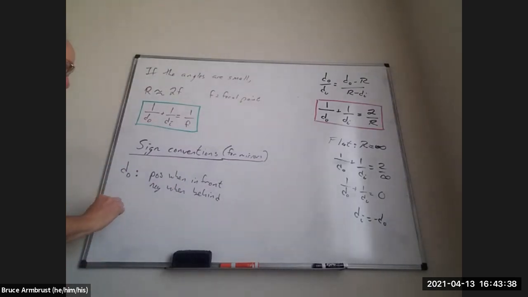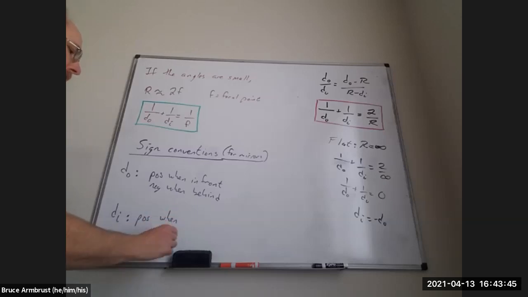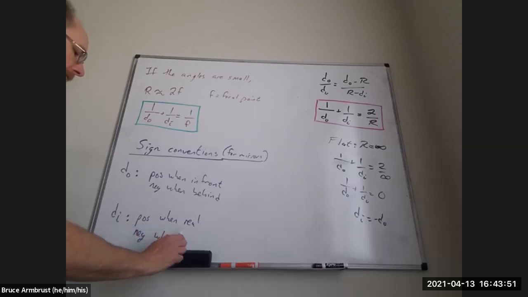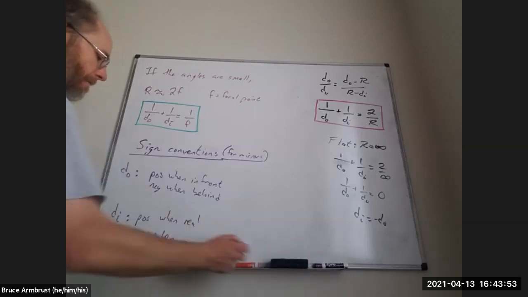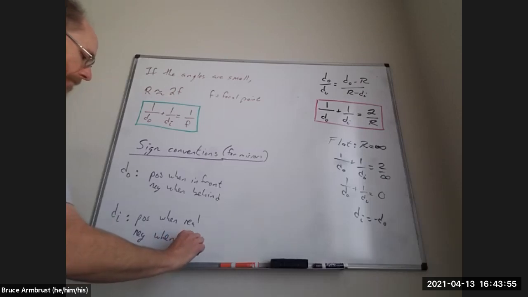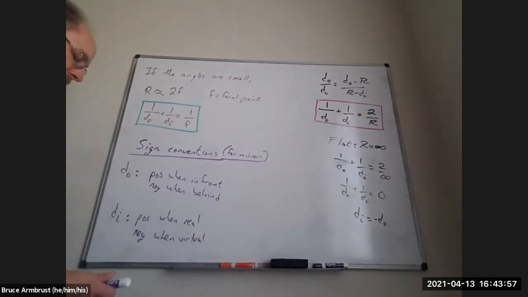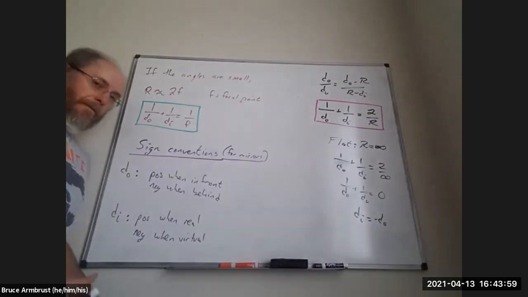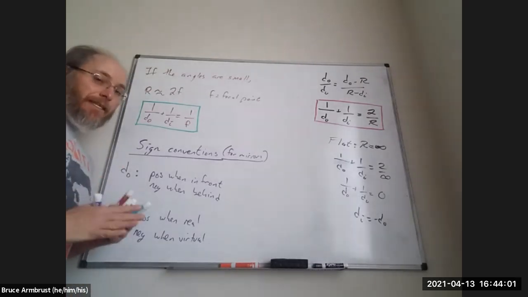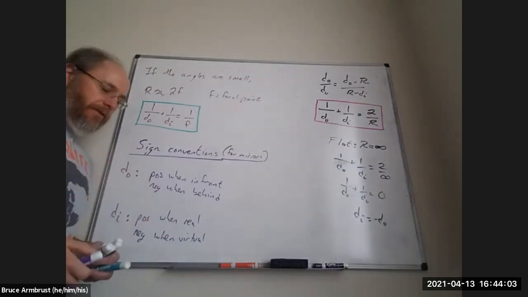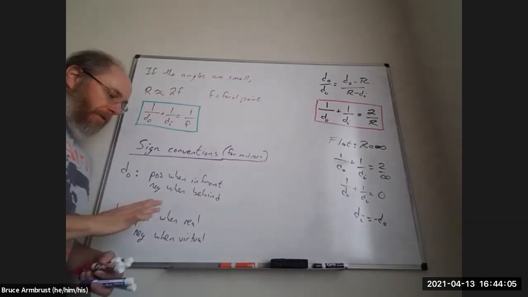Okay, the DI. It's positive when real, and it's negative when virtual. So that's technically when we were deriving everything. I mean, that's how we built it.